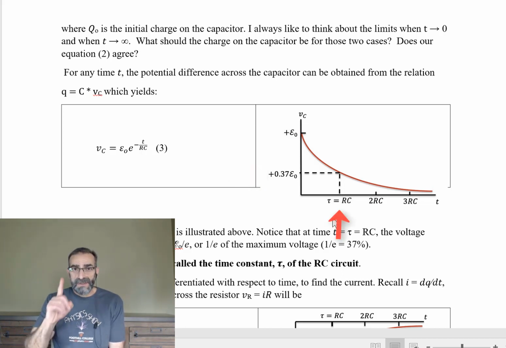That's tau. All you're doing is looking at one data point, the time when the voltage is 1 over e times the maximum. Okay, so that's method 2. You're going to use this relationship and just get the data right off of the video you're watching.